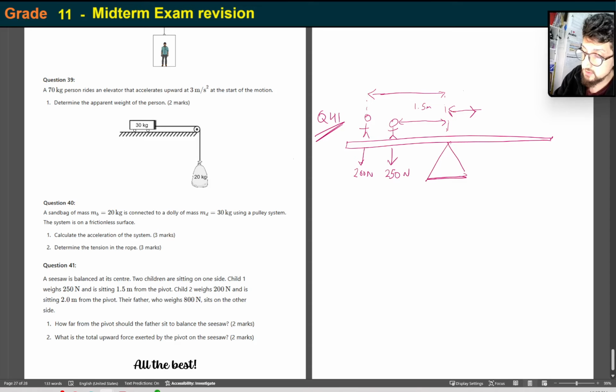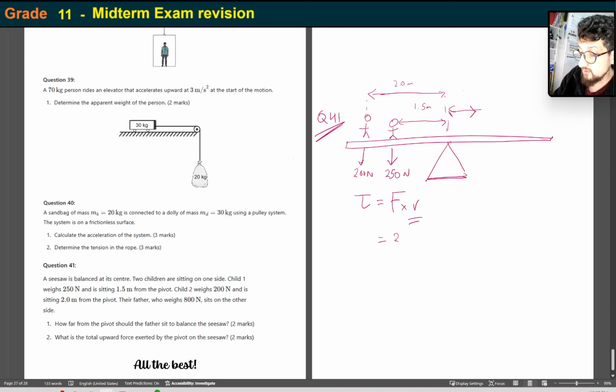The way we do this is by making sure that everything on the left-hand side is equal to everything on the right-hand side. The total torque on the left-hand side is equal to the total torque on the right-hand side. So let's calculate the total torque on the left-hand side. Torque is equal to force times distance from the pivot.